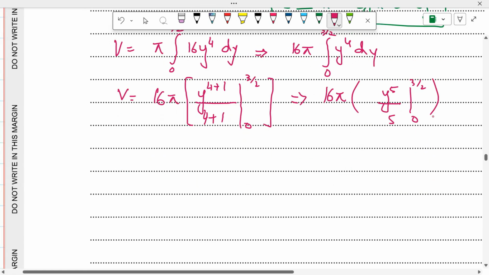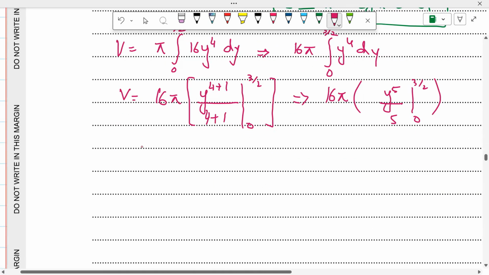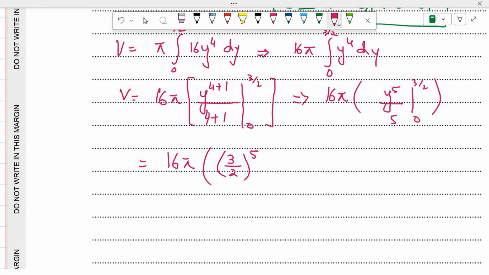Now apply the upper limit then the lower limit: 16 pi times (3 by 2 to the power of 5 minus 0 to the power of 5) over 5.